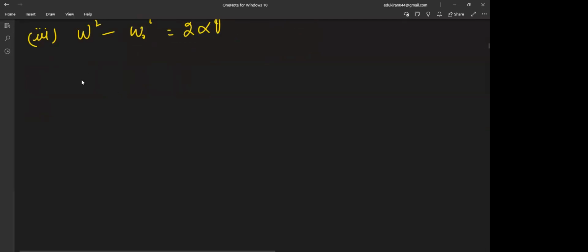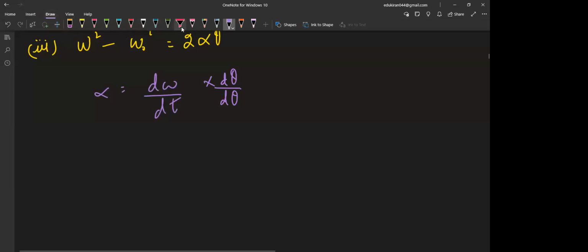See, alpha is d omega over dt. If I multiply and divide something by the same quantity, this would be cancelled. That will give me 1. It means I can do this. Now class, tell me one thing. d theta over dt. Can you relate it with something?